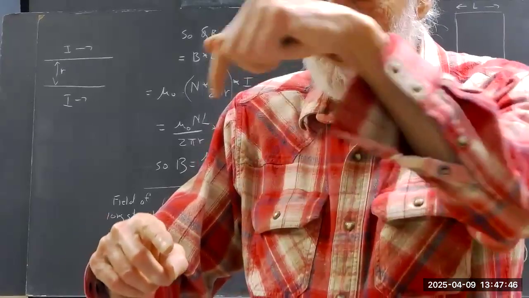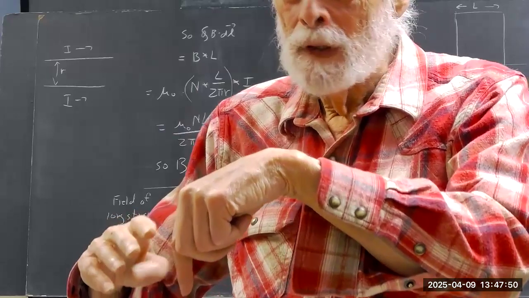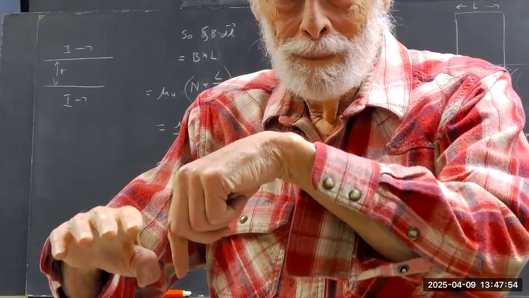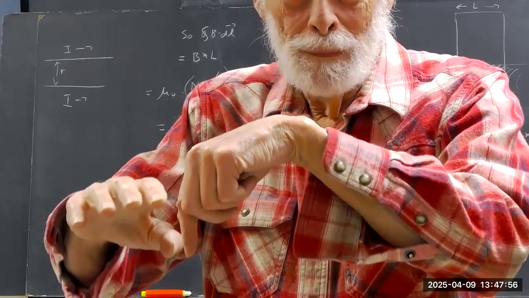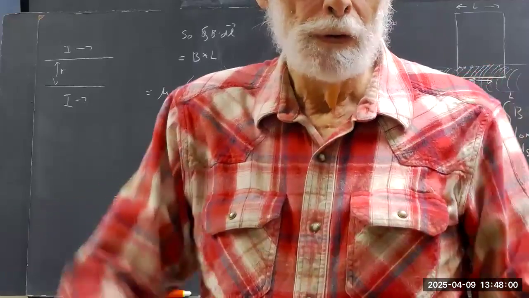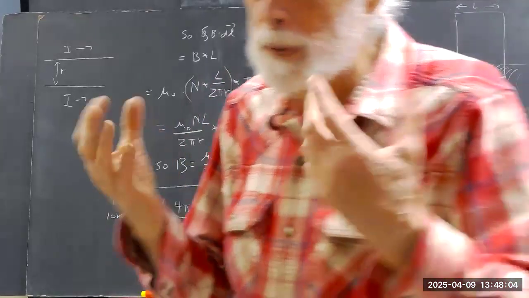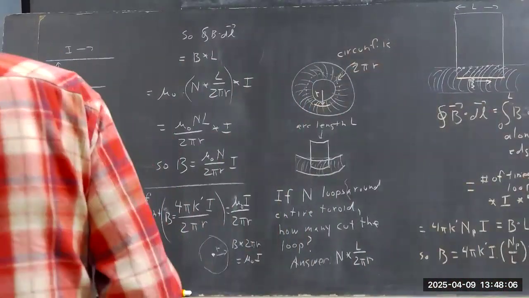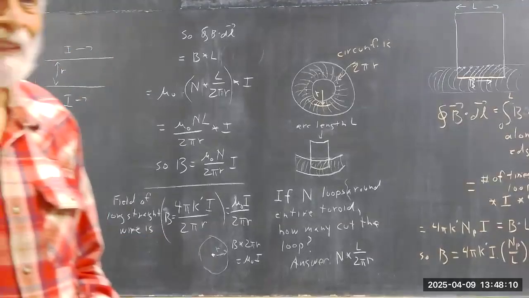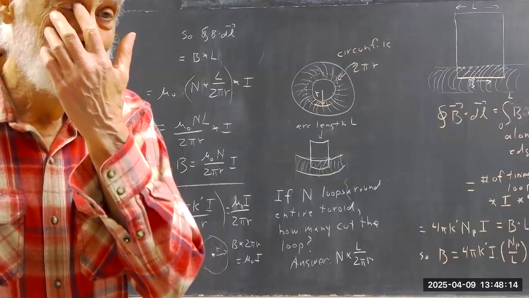You've got another wire over here, and that field is downward, with current in the same direction. So you cross the current with the magnetic field, and you get a force of attraction. Now your book has a good picture of that, but you should be able to do that with your fingers. Next time you go by a bunch of power lines, think about the force of attraction.